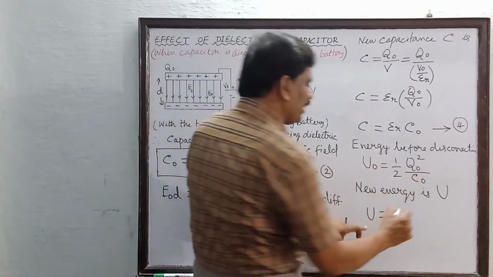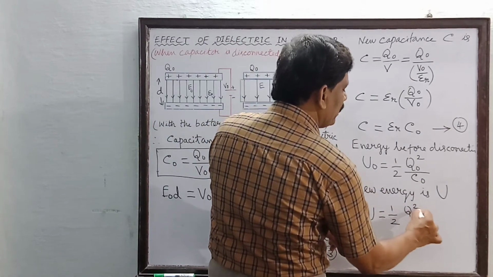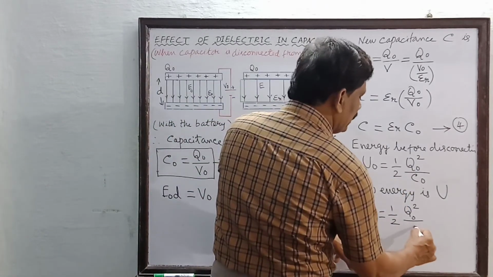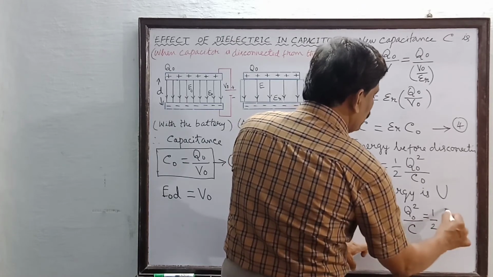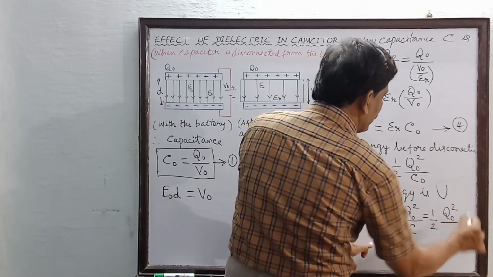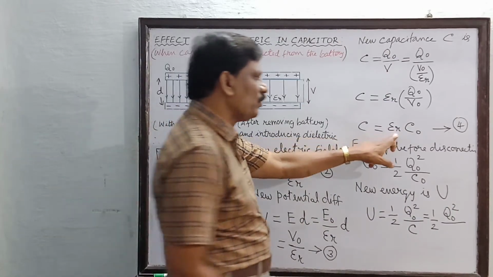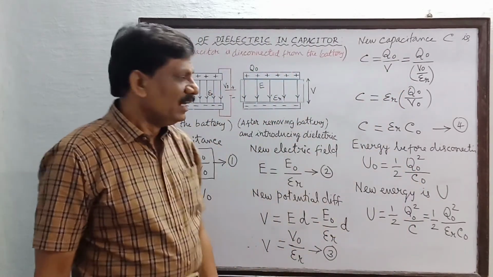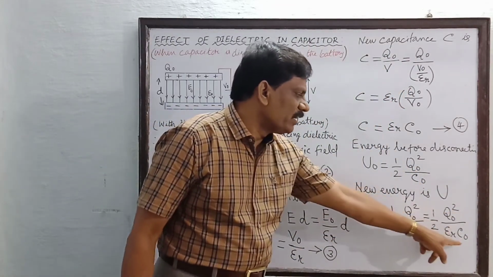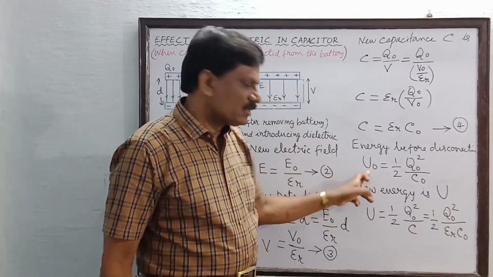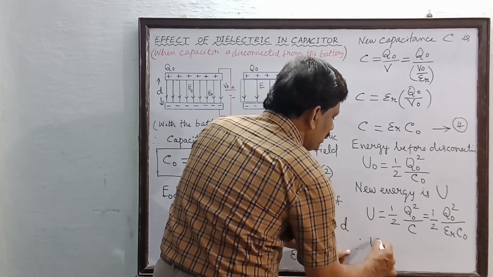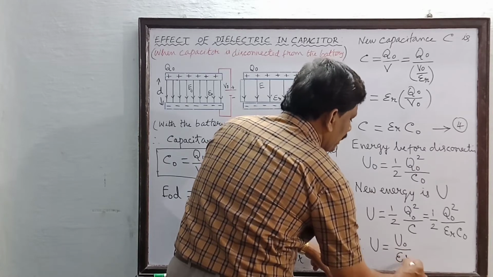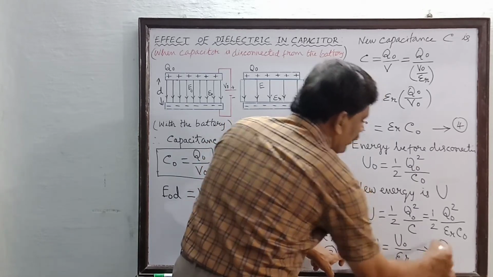Therefore this Q naught square will remain there in the numerator, Q naught square divided by, in the denominator, in place of C naught I have to substitute what is C. So this is equal to 1 by 2 into Q naught square divided by, instead of C I am going to substitute epsilon R into C naught. And this 1 by 2 into Q naught square by C naught is nothing but U naught. So we find that the new energy U is equal to U naught divided by epsilon R. So this is equation 5.